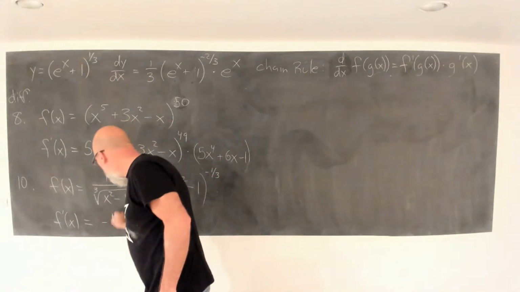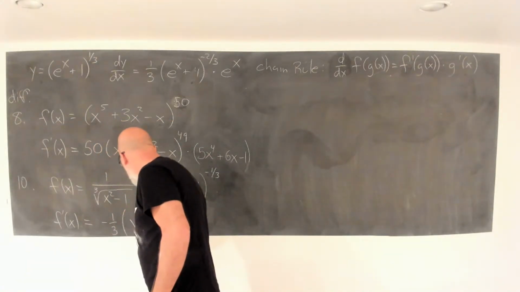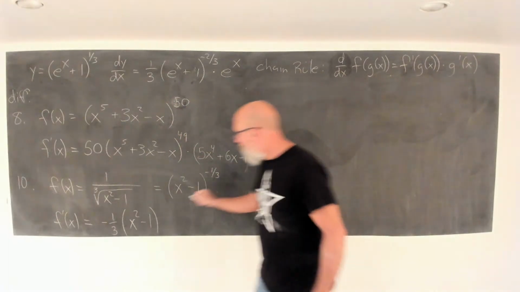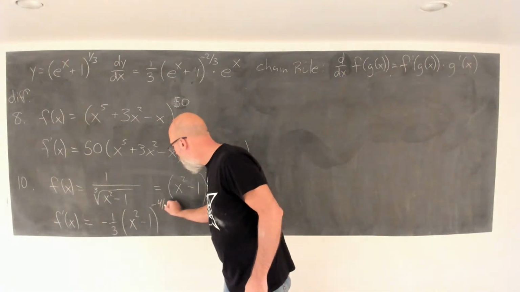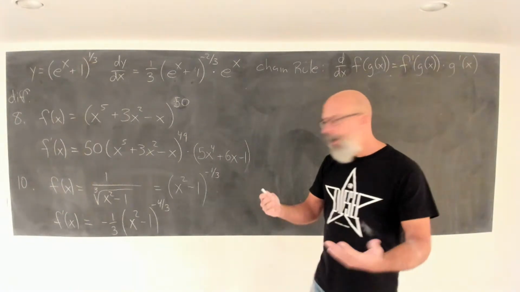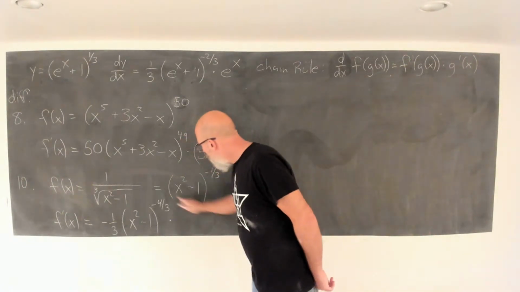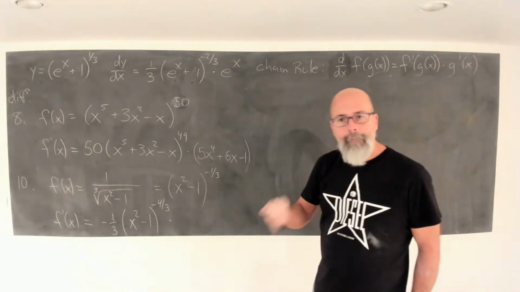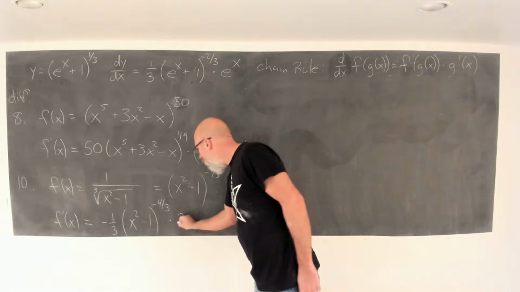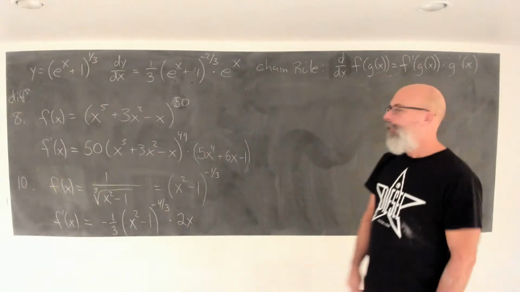Bring down the negative 1/3, blah, blah, blah, to the negative 1/3 minus 1, or negative 4/3, times the derivative of the inside. That's the chain rule. Times the 2x. Thank you. There it is.